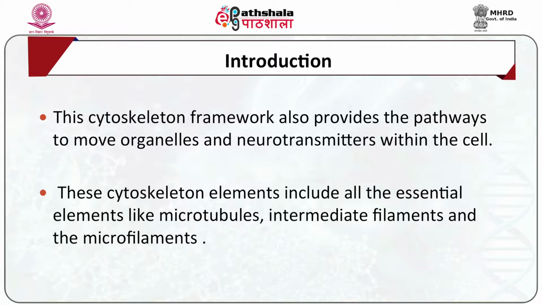So, what is special about them? These cytoskeletal elements differ from the non-neuronal cells in the type of isoforms which are present here. Their organization is different and their participation in various functions is also different.